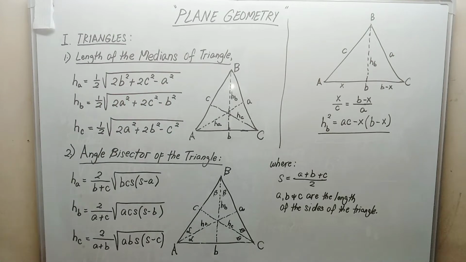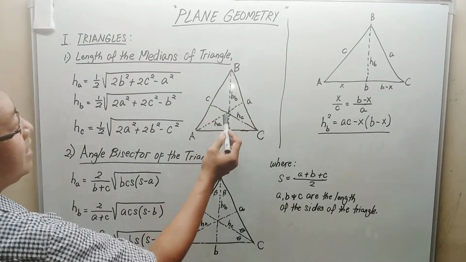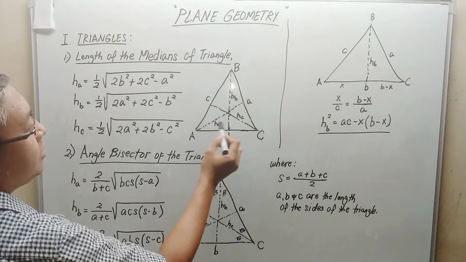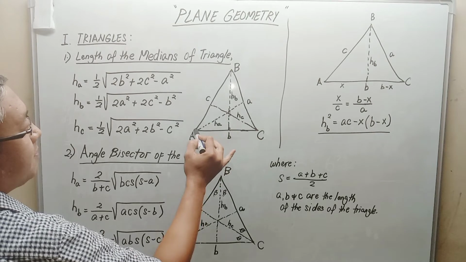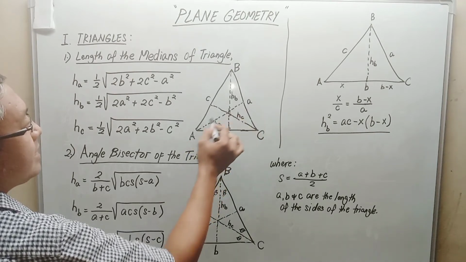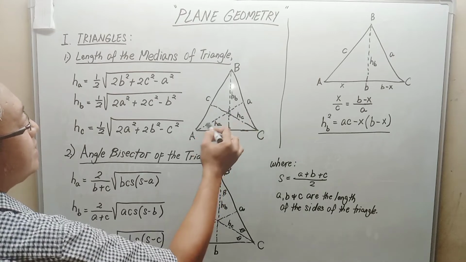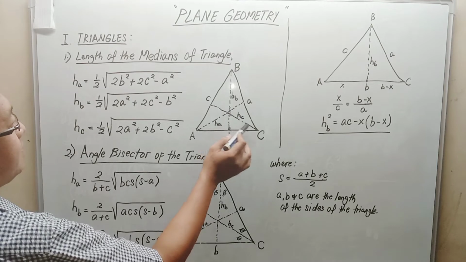Why I'm discussing this, guys, is because we want to know how to find or how to solve the length of the medians of a triangle, in terms of this height, h sub b, knowing some parameters of a plane triangle, h sub a. How to compute the length of these medians of a triangle, and the other one is h sub c.